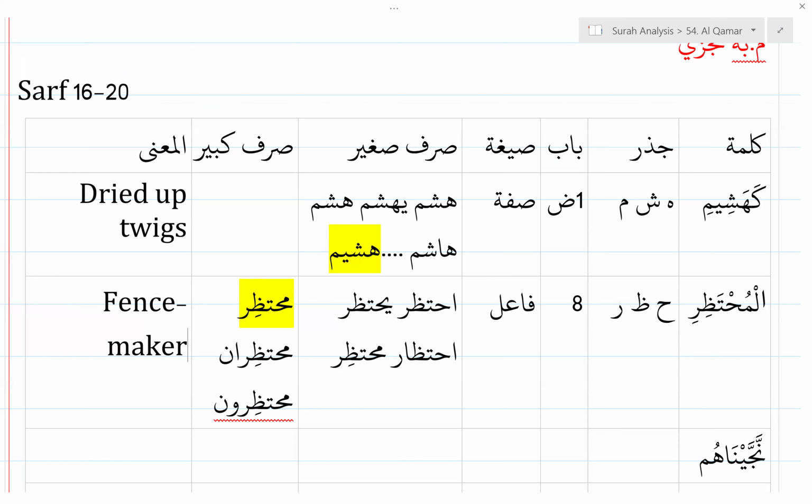There's no name like this in English. Just the guy who builds that fence for animals using dried up twigs would be the muhtadir, because the hadira is the pen of animals. You know that structure where animals are kept inside? That would be a hadira. So it comes from this same family.